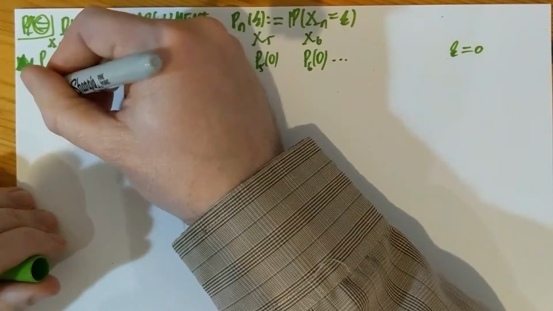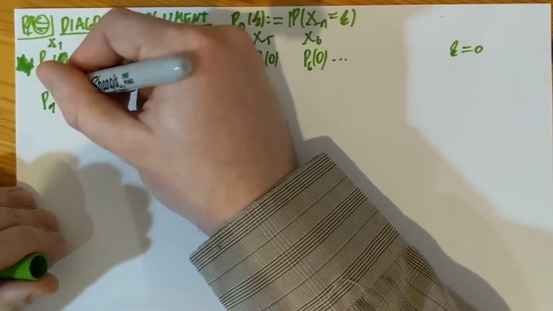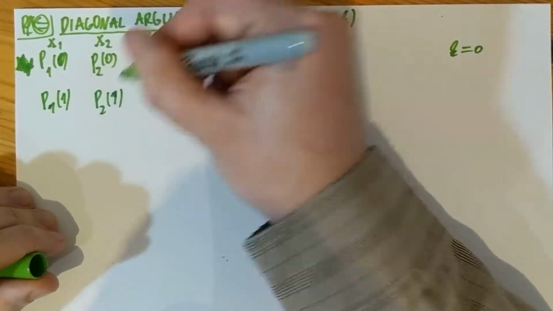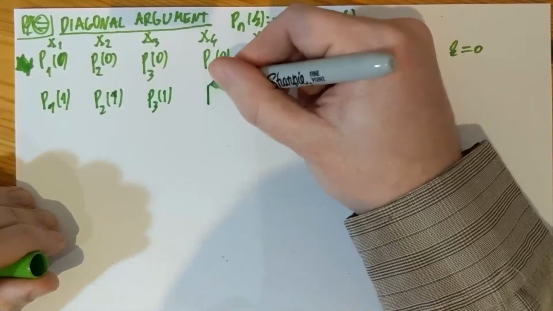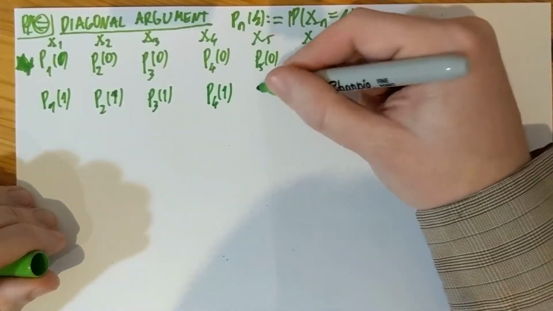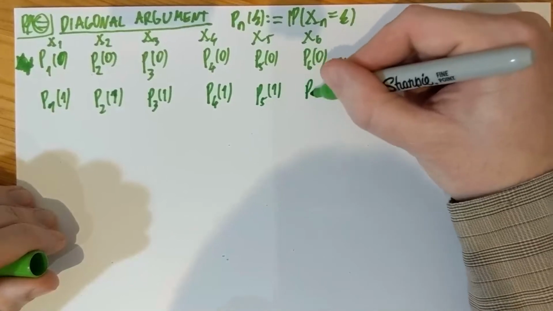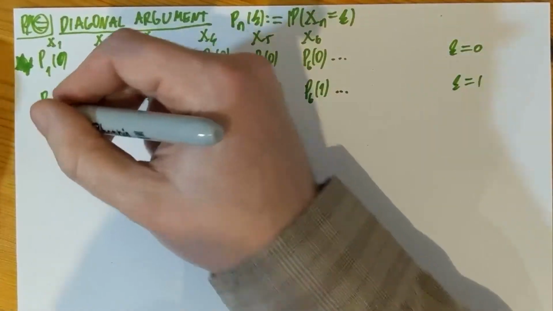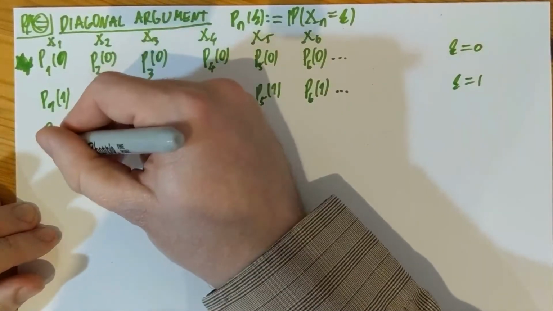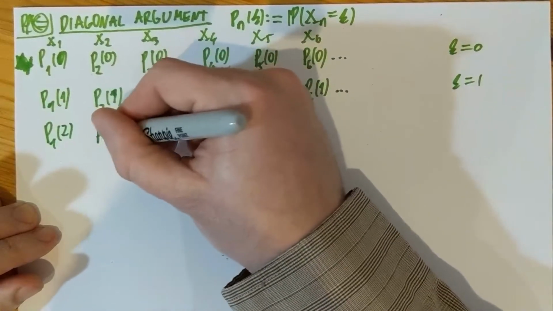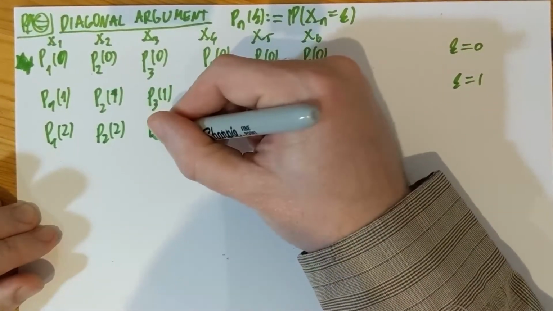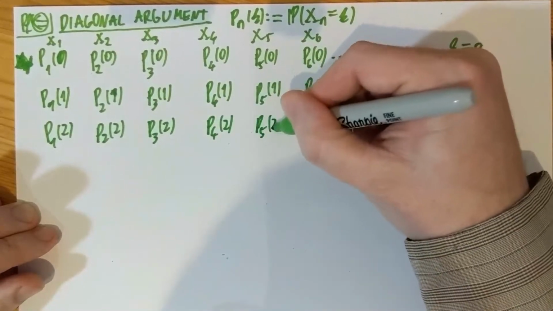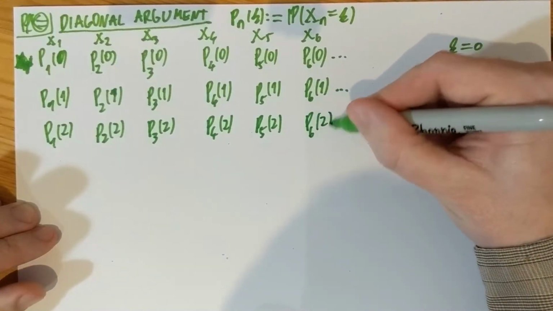And then I'm going to put down the mass function values at k equals 1: n equals 1, n equals 2, n equals 3, n equals 4, n equals 5, n equals 6 at k equals 1. Okay, and then let me do a few more. Mass function of n equals 1 at 2, n equals 2 at 2, 3 at 2, n equals 4 at 2, 5 at 2, 6 at 2, and so on and so on.